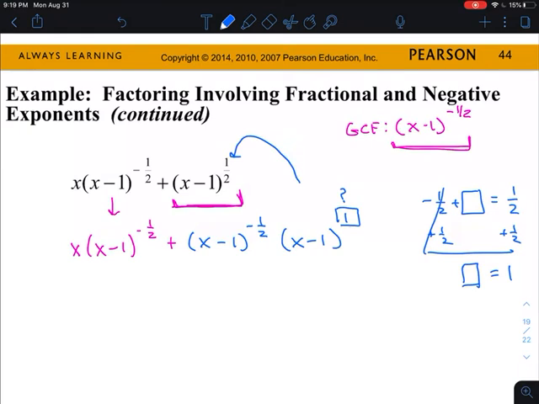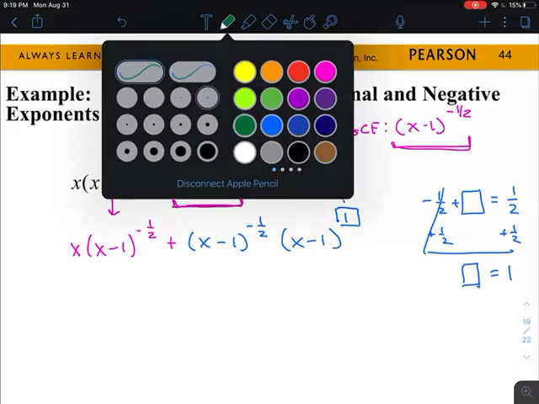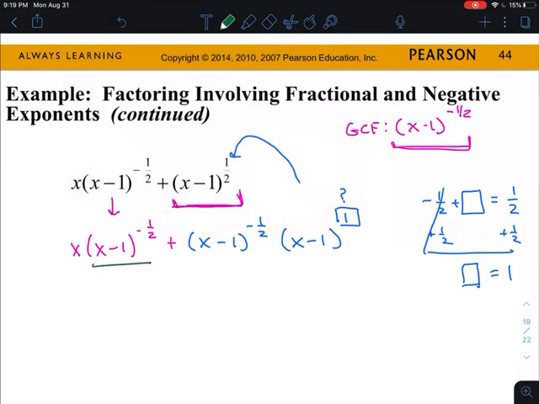So now that I have a common factor, just like what we did before, the common factor gets taken to the front. So that means I have an x minus 1 to the negative 1/2 in the front. And then what's left over? What's left over is I have an x and I have an x minus 1 to the first power.